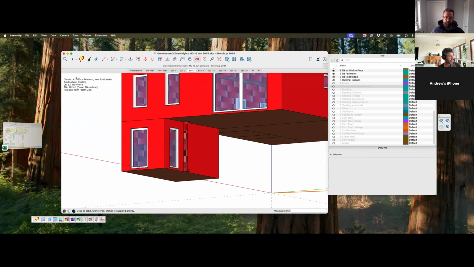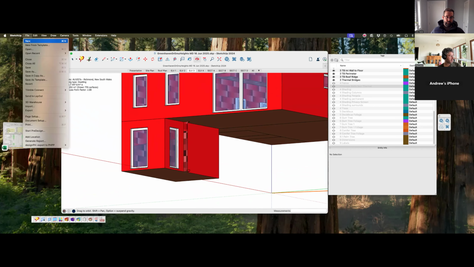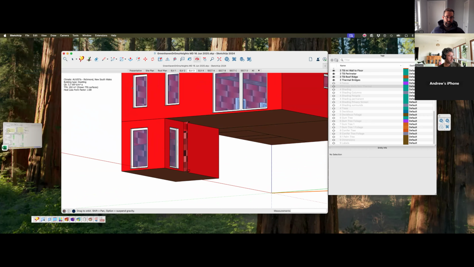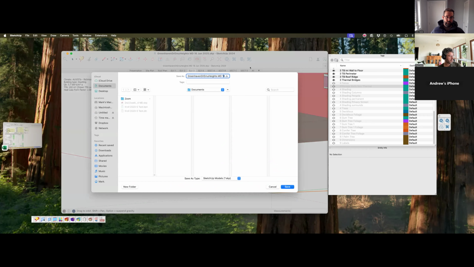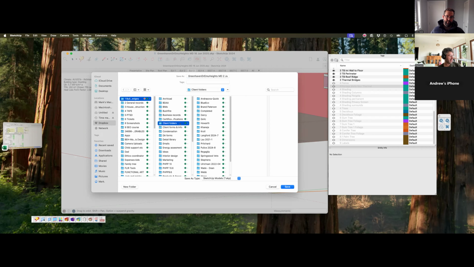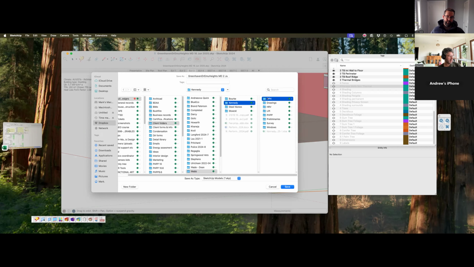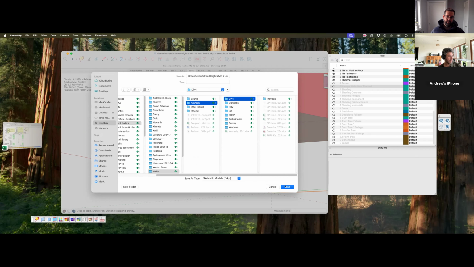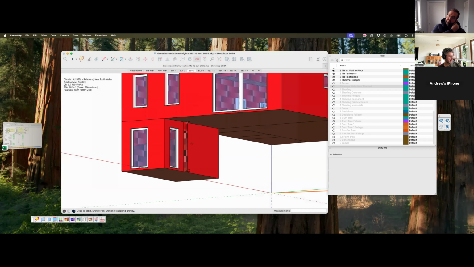Okay. I never save over a file in case I break it. All right, I'll fix that up.